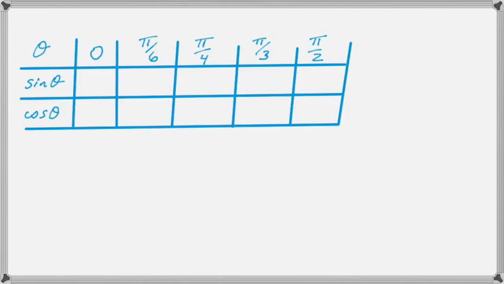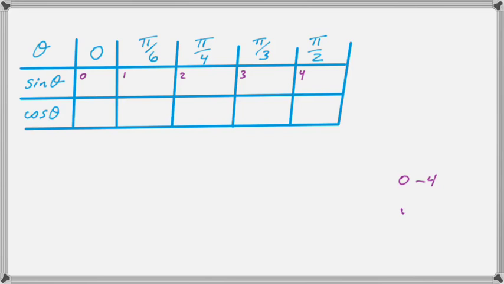If you set up your trig table like this, I think we can create it relatively easily. What we want to do is count from 0 to 4. 0, 1, 2, 3, 4.